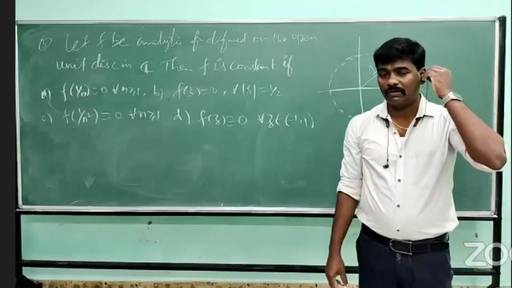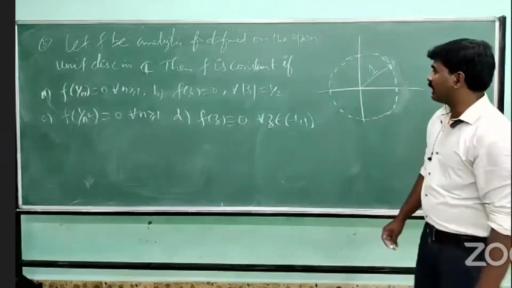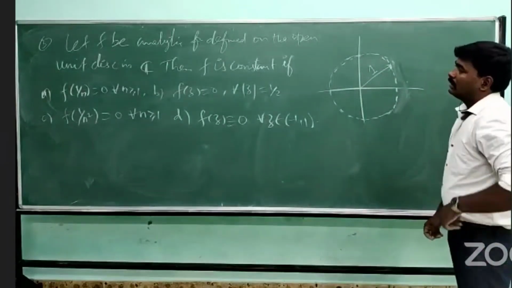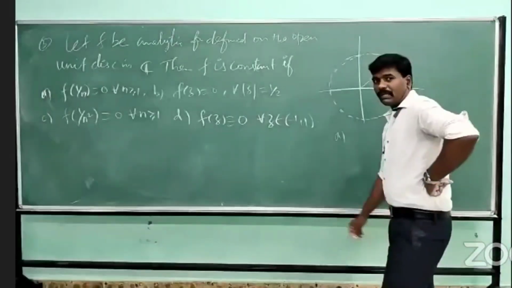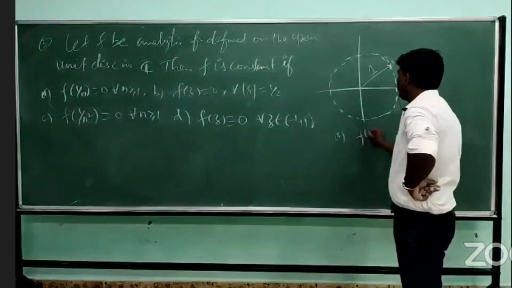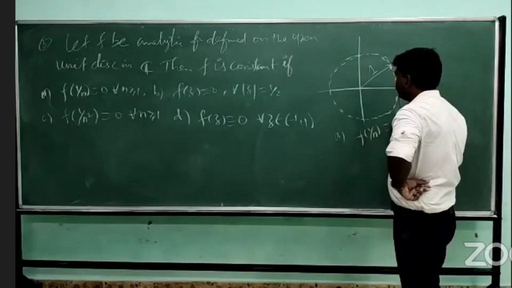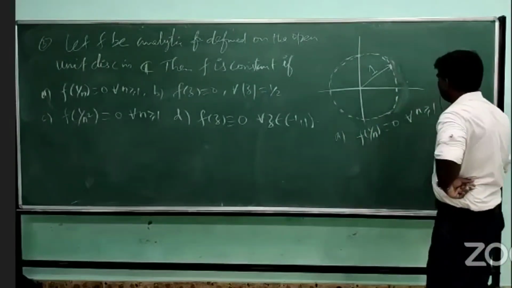Okay. Can I solve right now? I'll solve right now. Given option A, what is the meaning of option A? f of 1 by n equals 0 for every n greater than or equal to 1.